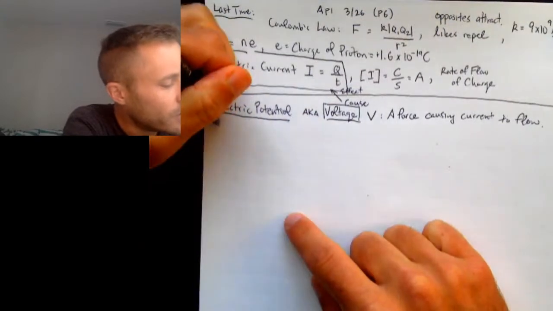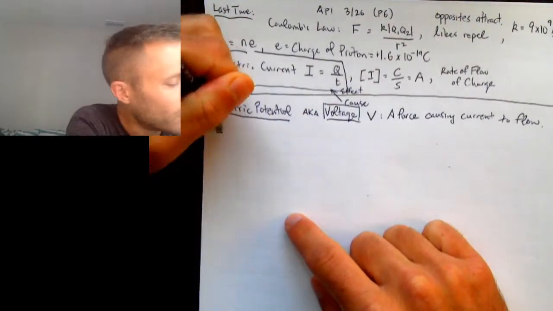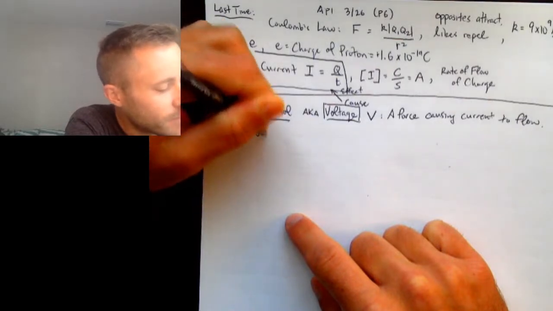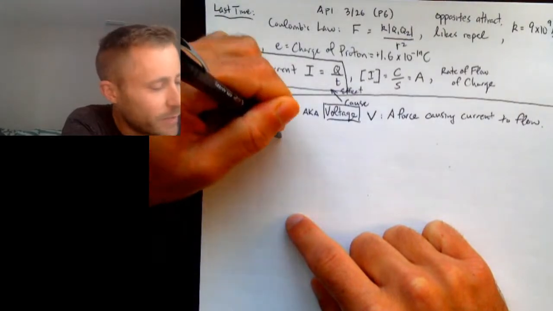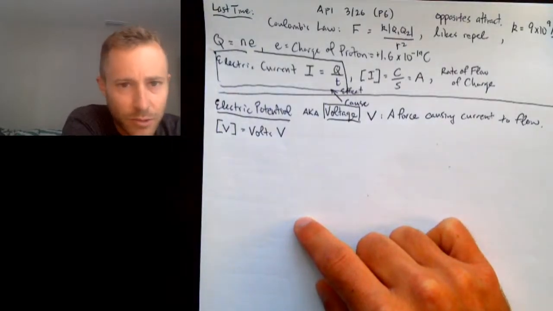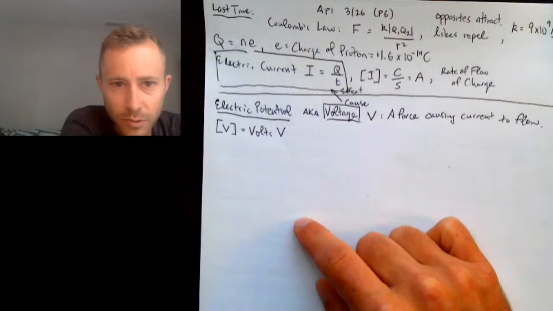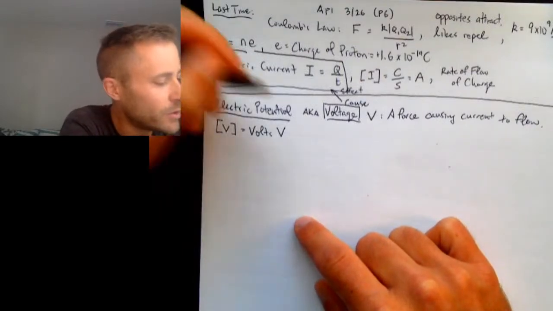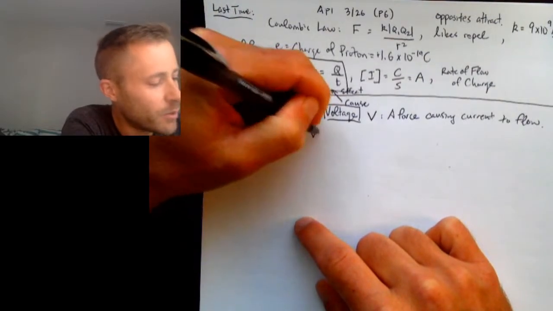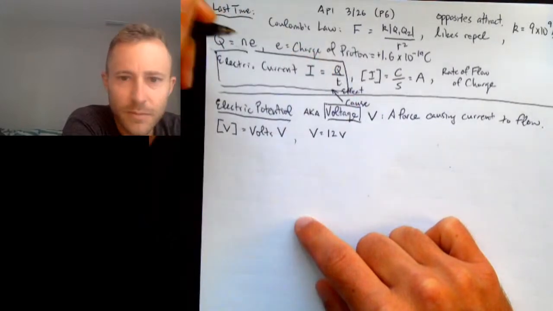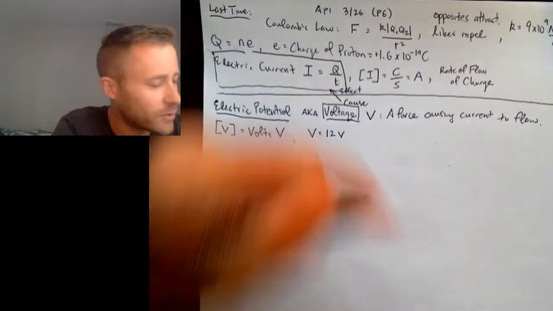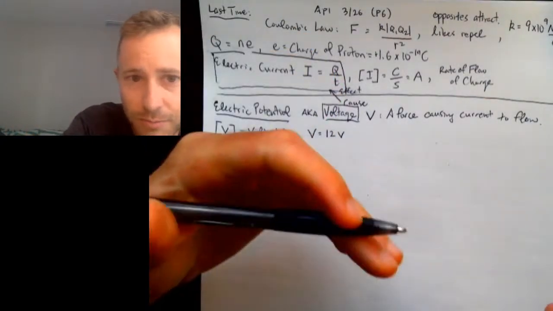The units of voltage are called volts, which is abbreviated by V. That can be a little bit confusing at times because the variable for voltage is also V. So you can have an expression that says V equals 12 V. If you were just thinking about this purely in terms of variables, you would cancel out the V's and say 1 equals 12.